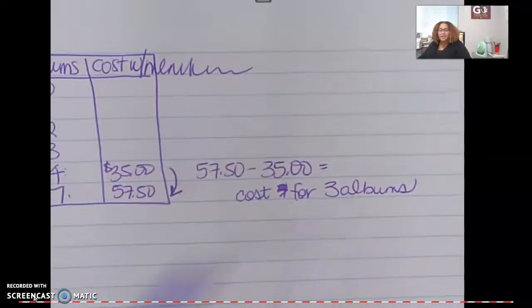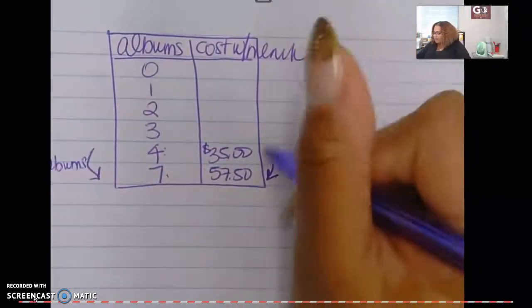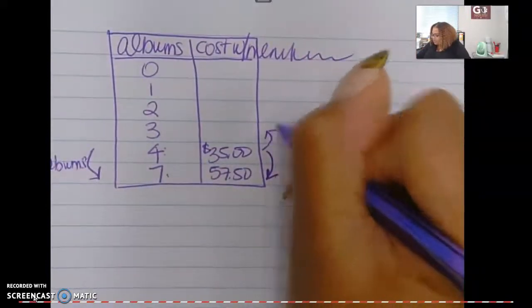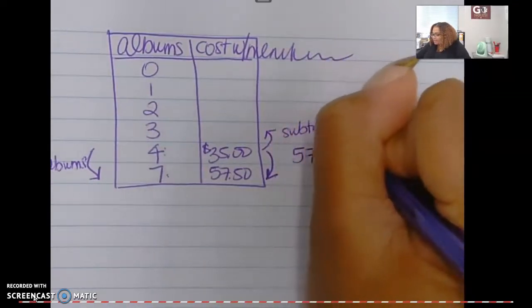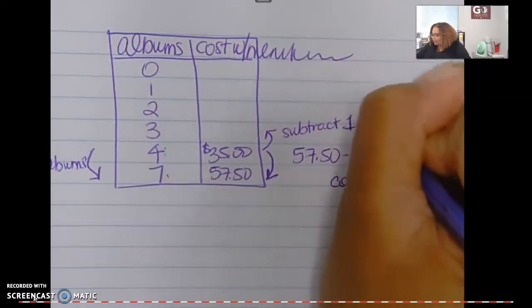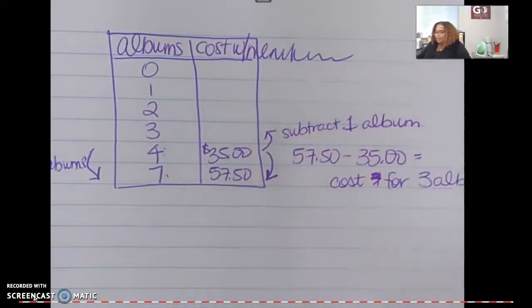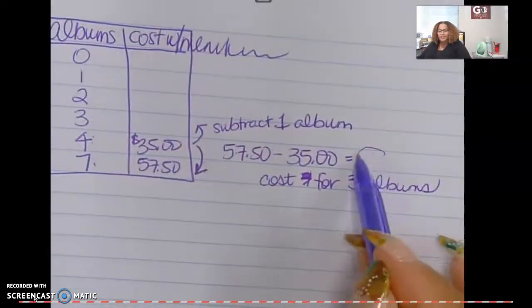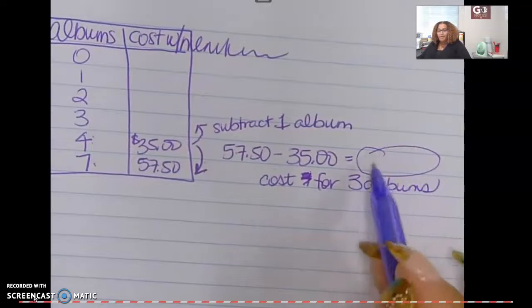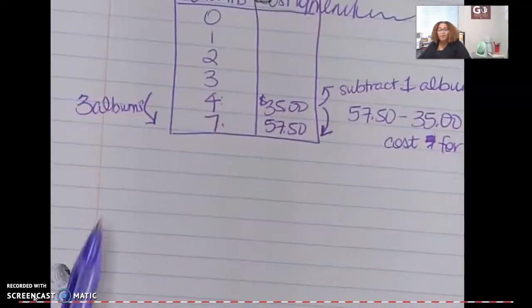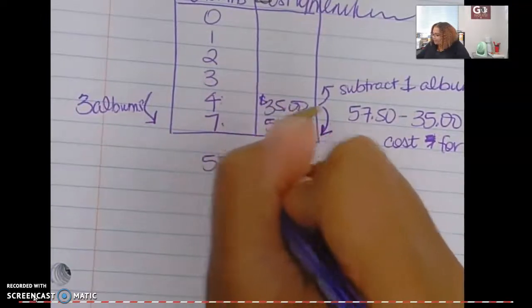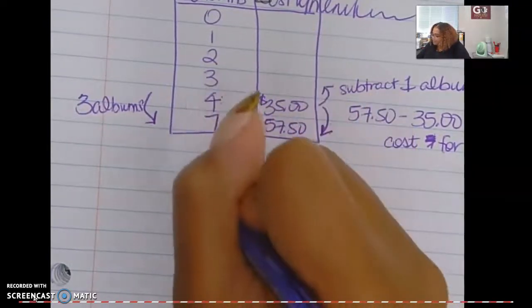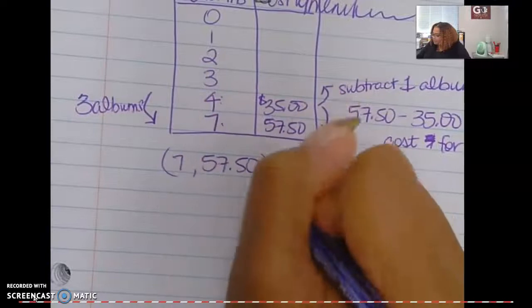If I find out the cost for 3 albums here, then I need to go backwards by 1 album. Subtract 1 album. So I'm going to take this cost over here, whatever I get, and I'm going to put it over 3 albums. So $57.50 is for 7 albums.